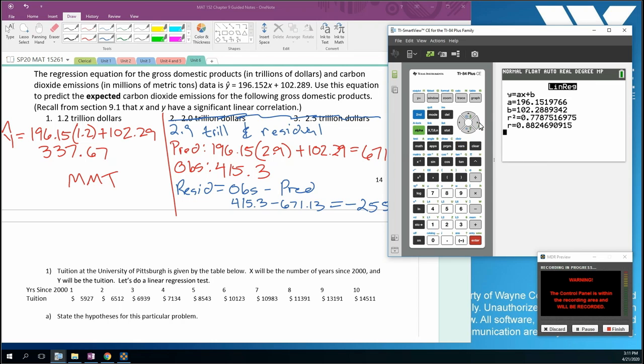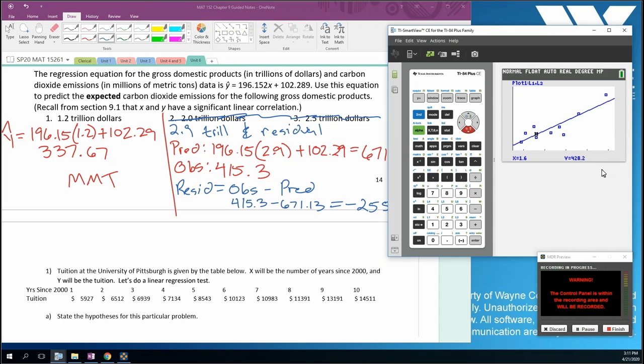Let's do that stat plot again. This time we do L1 and L2. If we hit zoom 9 and then the trace button, if you hit up or down, you can get either the plot or the equation.